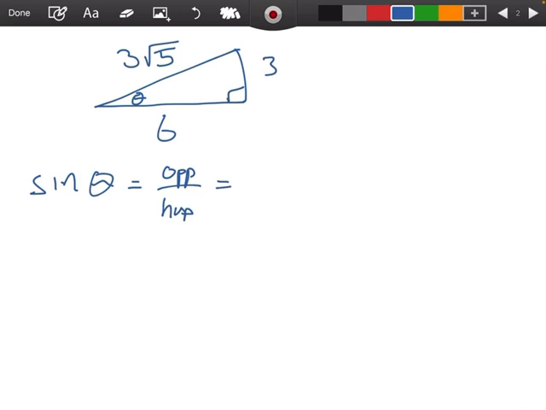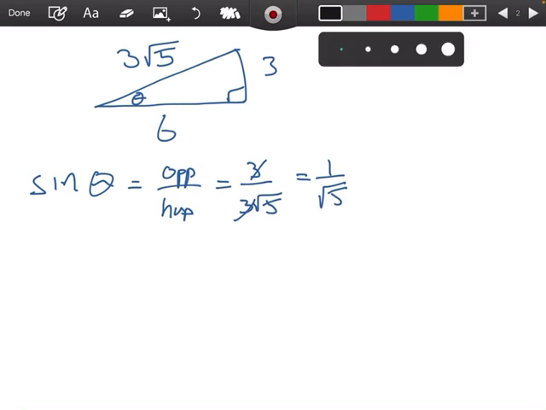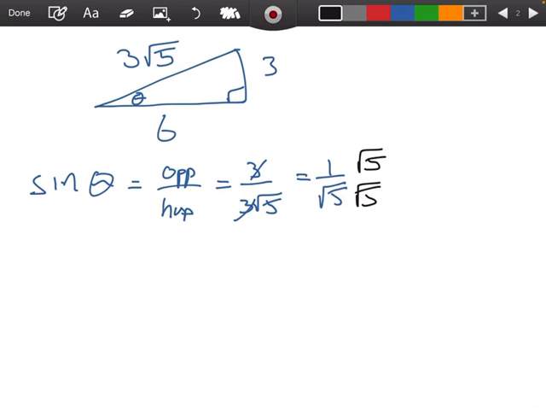So the opposite would be 3 over 3 square roots of 5. Okay, we can get rid of those 3, so we have 1 over the square root of 5. And now we need to rationalize our denominator. So remember, whatever we have on the bottom in terms of the square root, we're going to write exactly that, right? And then remember, this square root and that square root cancel each other out. So we have the square root of 5 over 5 for our sine, right?